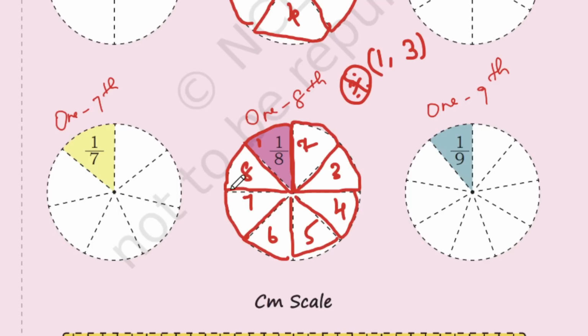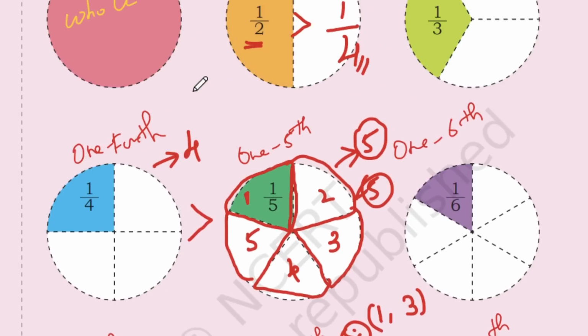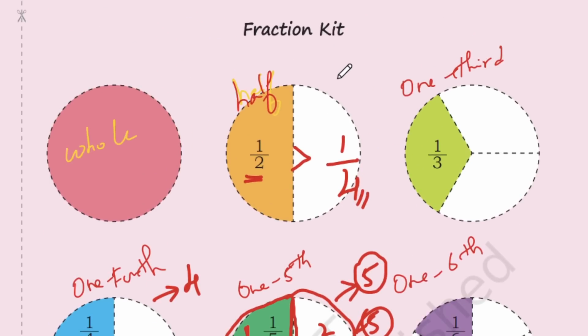And eighth. Okay. Likewise, the number of persons or the number of shares would be the number of pieces. So 1 by 9, how many pieces are required? 9 pieces. So 1 by 7, how many pieces are required? 7 pieces. Half, how many pieces are required? 2 pieces. Okay. Next.